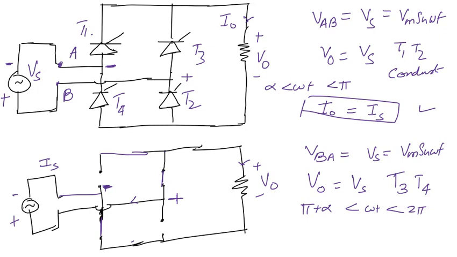Now what happens to the current direction? Initially current was flowing like this, but now the current is flowing the other way. So your supply current is reversed. But if you check the direction of your load current, still coming down.